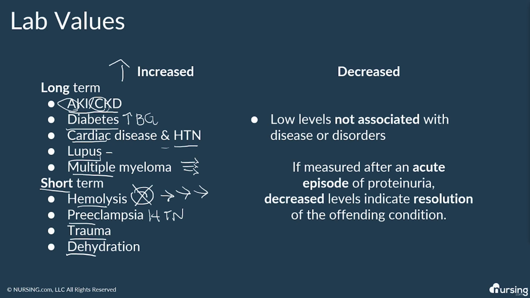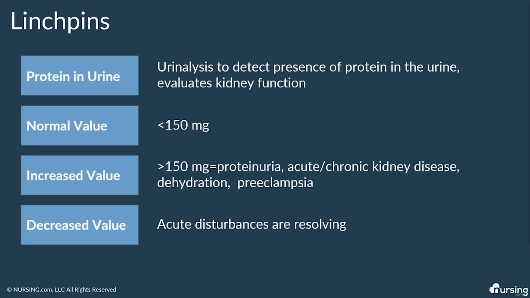Low levels are not associated with disease or disorders, but what is indicative is if it's measured after an acute episode of proteinuria, decreased levels show that there has been a resolution to the problem. Now, protein in urine is evaluated via urinalysis. We want to evaluate for kidney function.